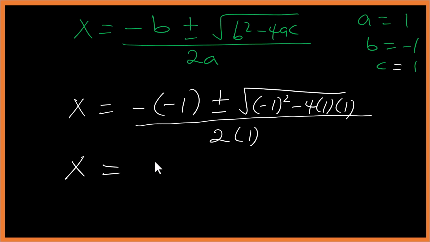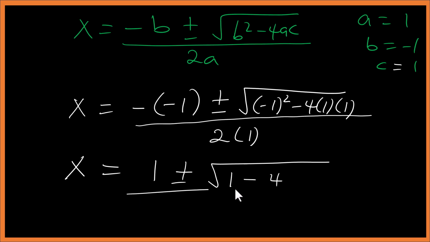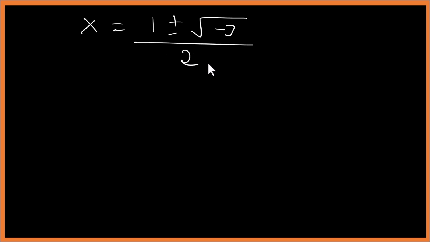Remember, we are solving for x, so minus minus 1 is plus 1, plus or minus the square root of 1 minus 4, on 2. So from here, x will be 1 plus or minus the square root of -3, on 2.